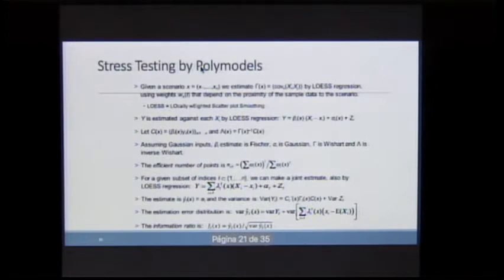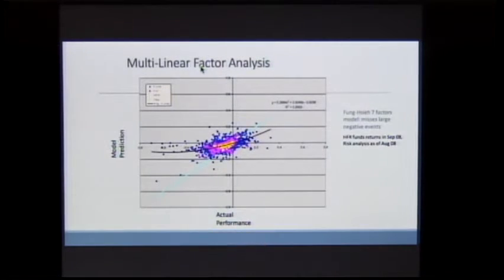So I will go fast on those and show you, on a set of hedge funds, how you predict the 2008 crisis. This is the Y hat that I showed you, and this is the Y. So it's actual performance over September 2008, after calibrating everything as of August 2008.